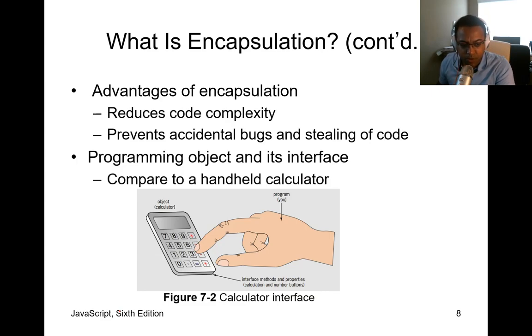And in this example, you, the program, the hand, is asking the object, the calculator object, for a specific value. And what we do is we present the program with a set of interfaces and properties to manipulate, but it never really gets the opportunity to actually go inside the calculator and manipulate the algorithms itself.